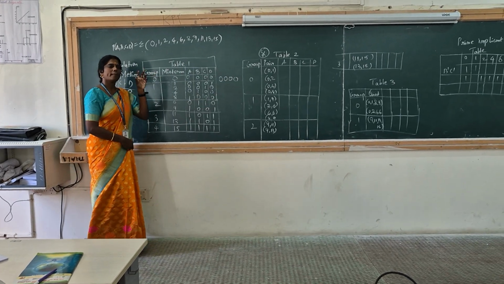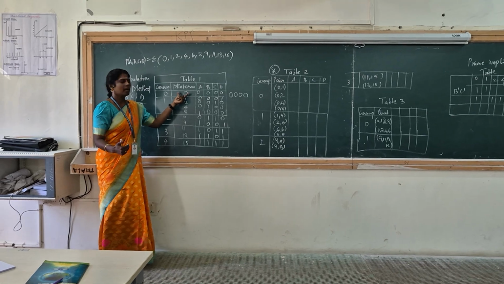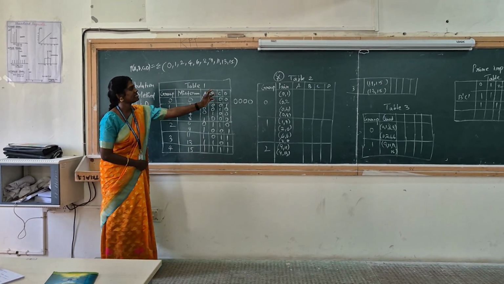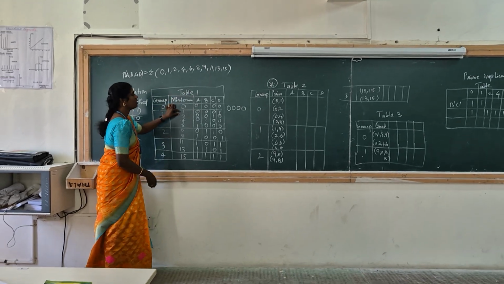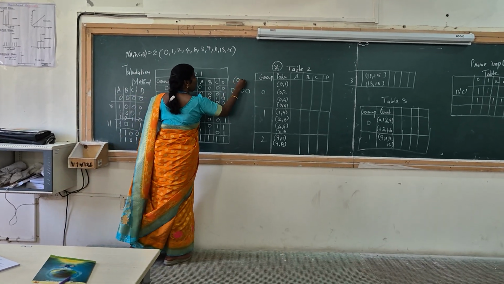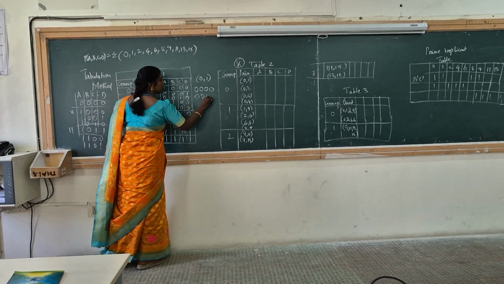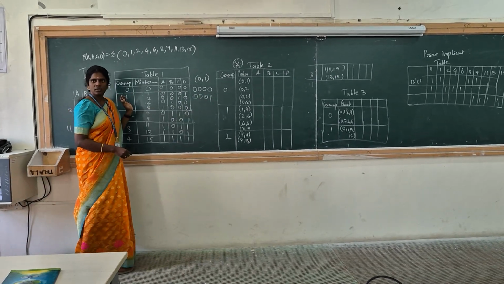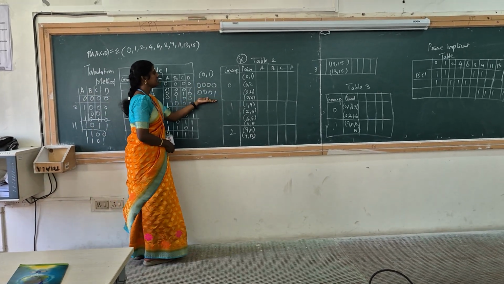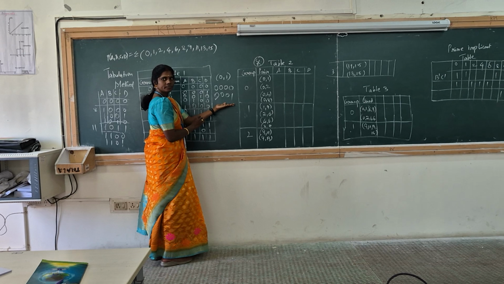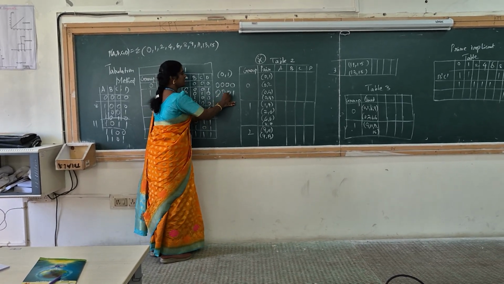Now I am going to pair this 0 minterm with other minterms. Then we will check with this group again. I am going to pair this with 1. If I pair with 1, what is the value of my 1 minterm? It is 0, 0, 0, 1. Yes or no? Yes. So when you compare these two, this most significant bit is same, this bit is same, this bit is same.